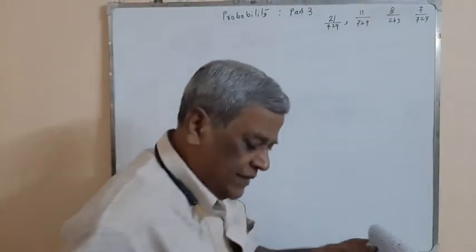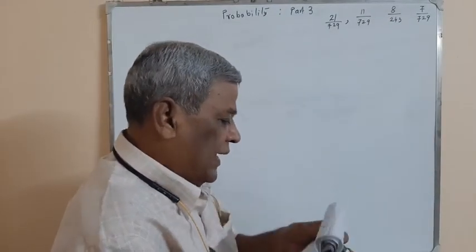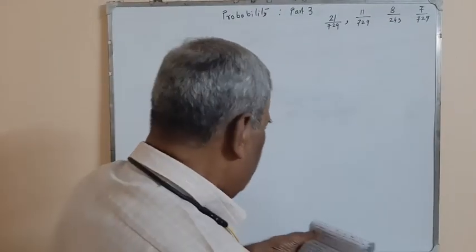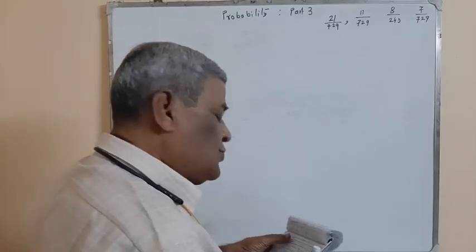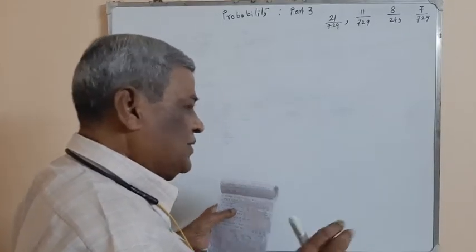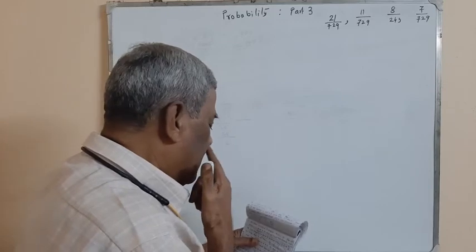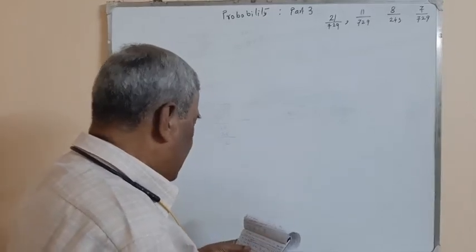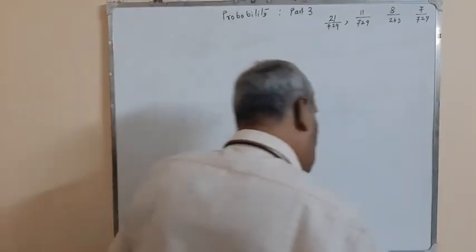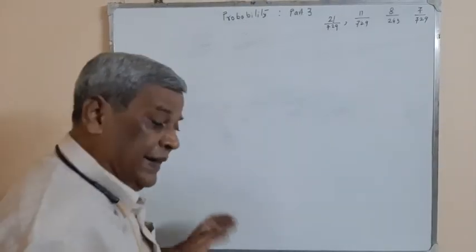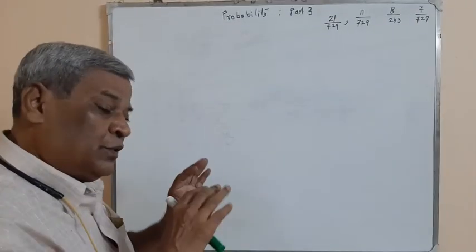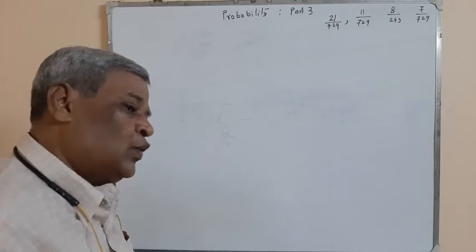Okay, I'm repeating the problem. A pair of fair dice is thrown 3 times. Then the probability of getting a score of 9 twice. We have to get a total score of 9 twice.